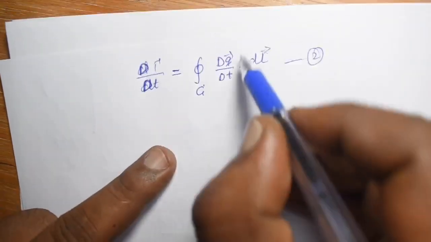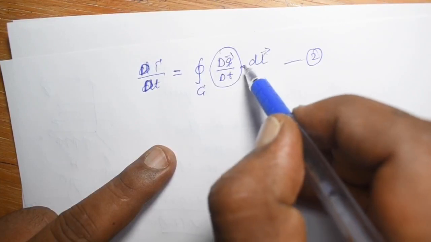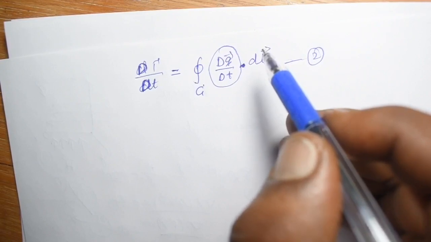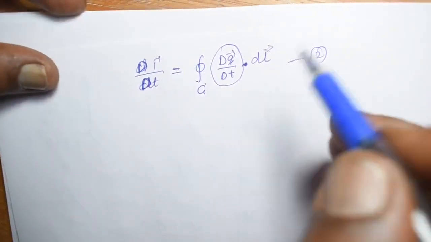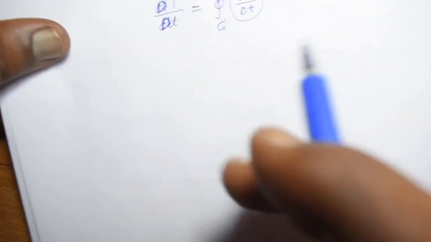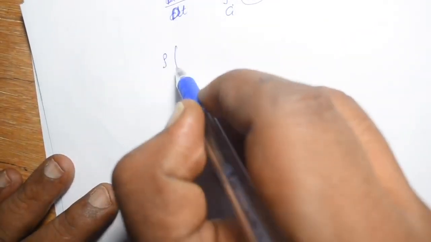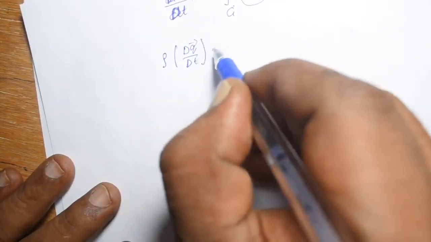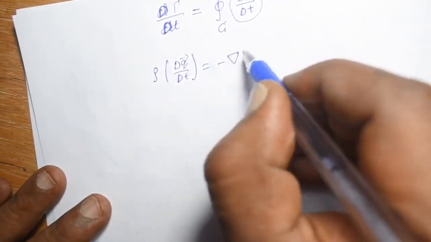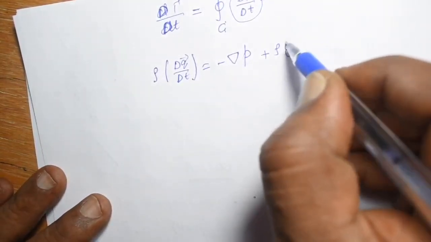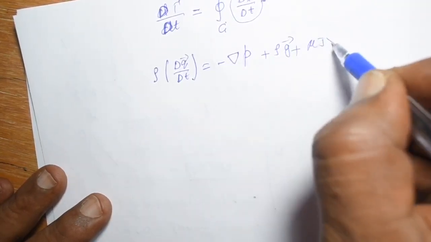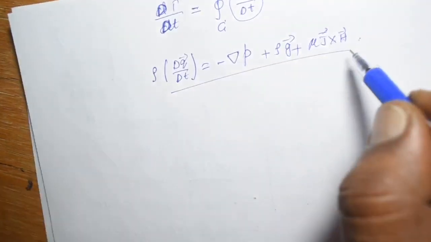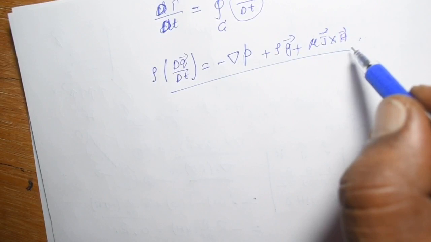Now you have to substitute for dq/dt with the help of the momentum equation for classical MHD. For a perfectly conducting fluid, the momentum equation is rho dq/dt equals minus gradient of p plus rho g plus mu J cross H. There will be no viscous term for classical MHD.